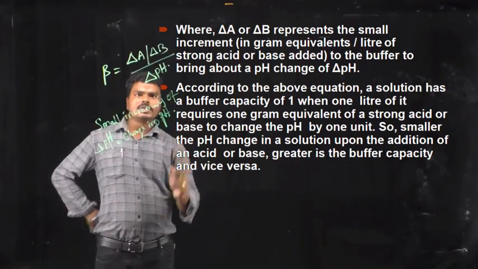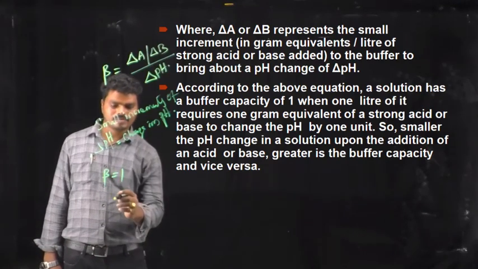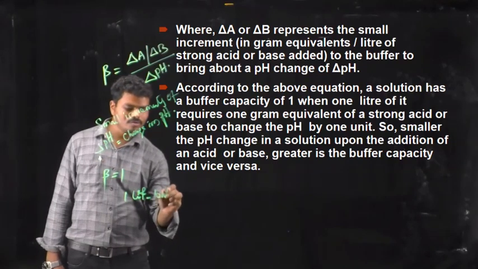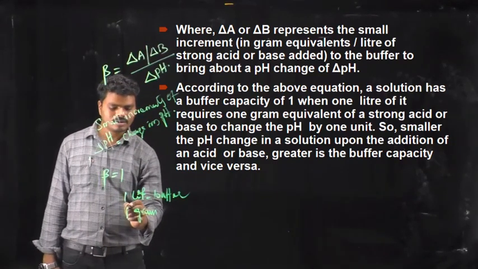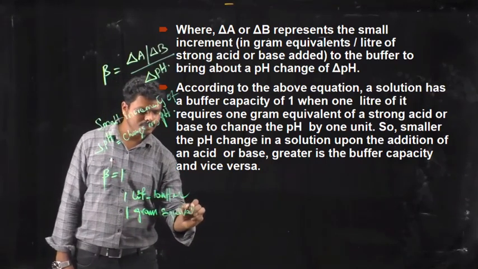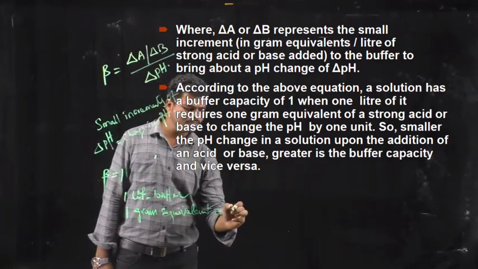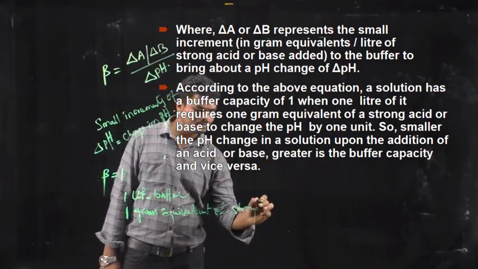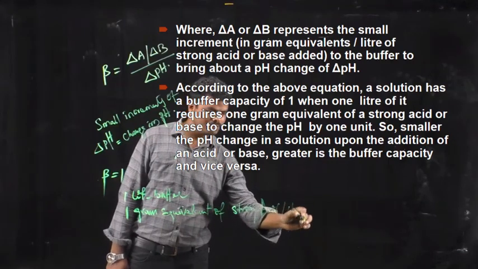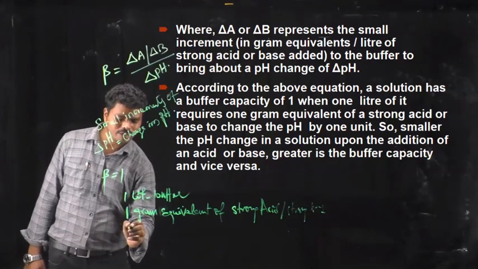According to this equation, when buffer capacity equals 1, that means 1 liter of buffer requires 1 gram equivalent of either strong acid or strong base to change the pH by 1 unit.